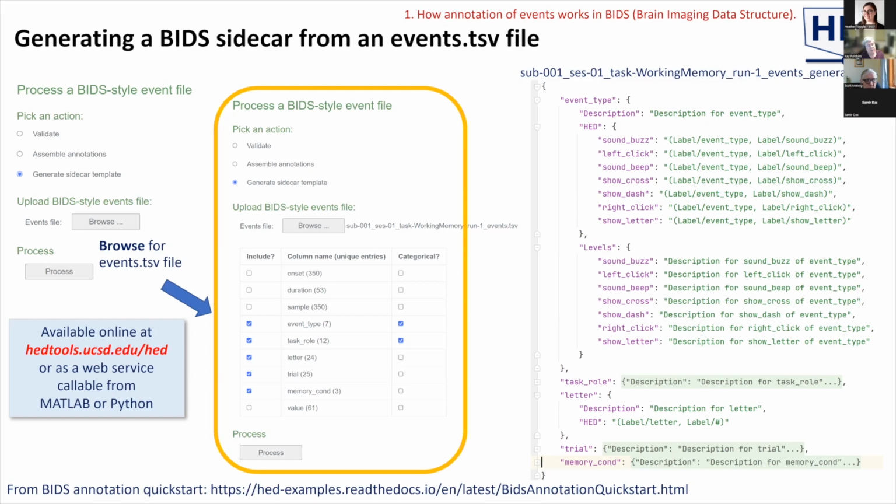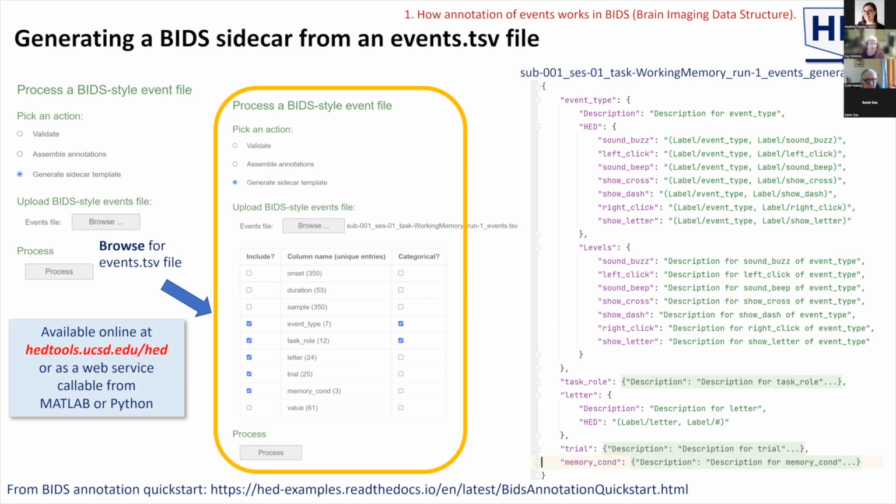And you then select which columns are going to be treated as categorical columns. BIDS calls those ones that you put levels in. And they allow other columns, which we'll call value columns, which have non-categorical values like response times or things like that.